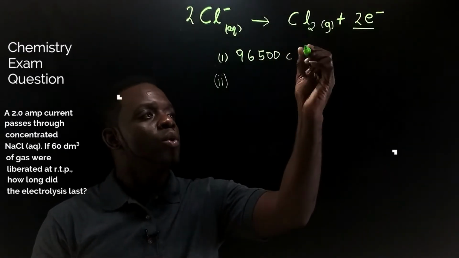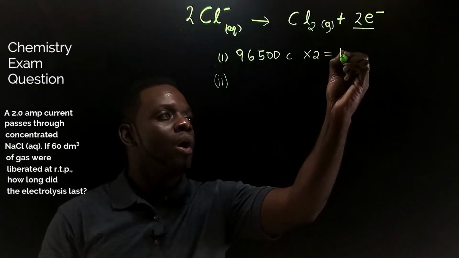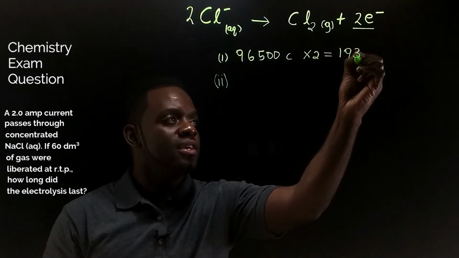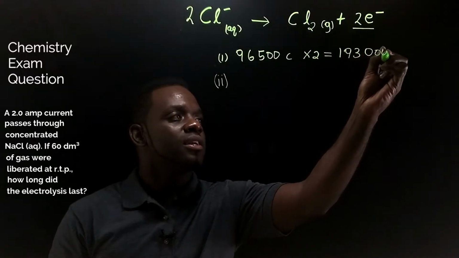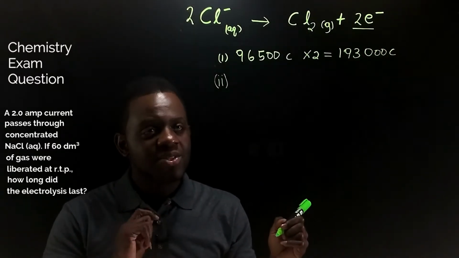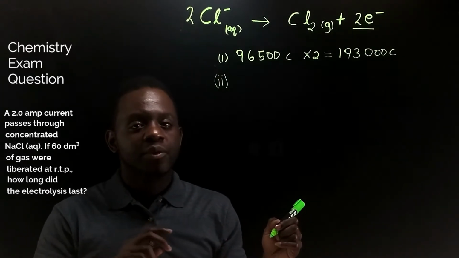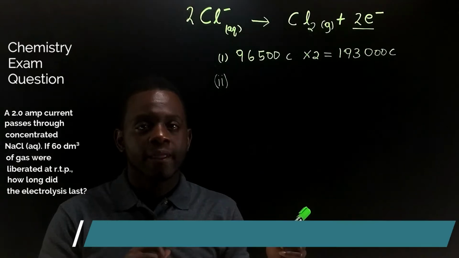So 2 moles will require 193,000 coulombs of electricity.